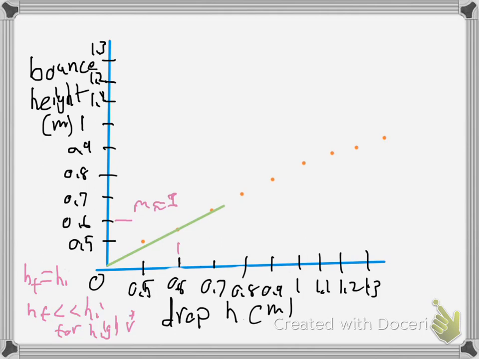But as you get further, not only does it become less linear, but the slope is going to be less than 1. Meaning that the bounce height is going to be much smaller than the drop height. But if you're more strong verbally, then just simply explain it in terms of words.